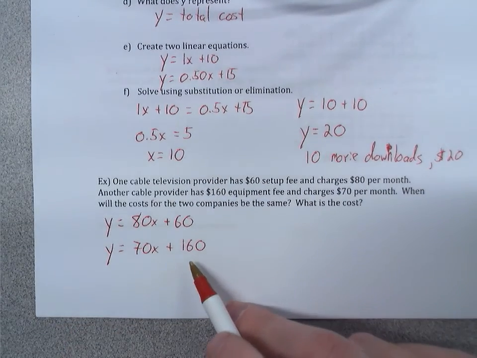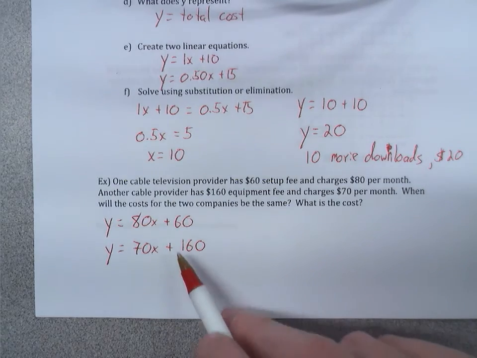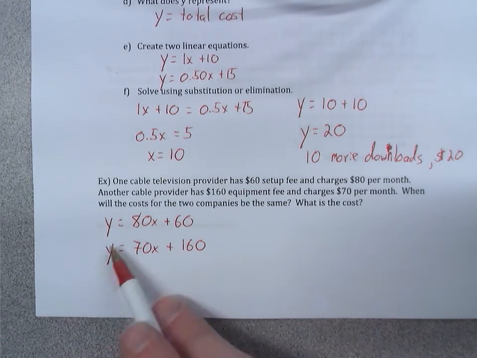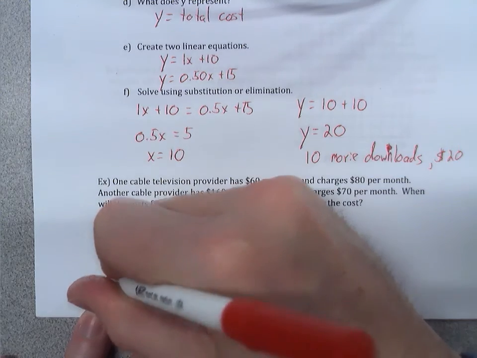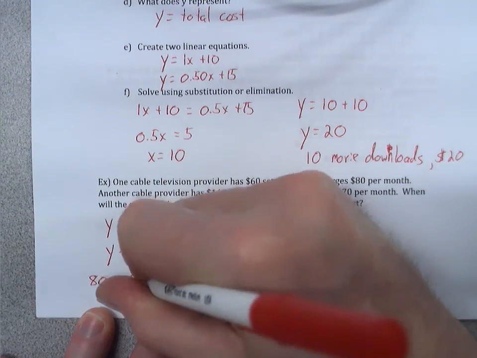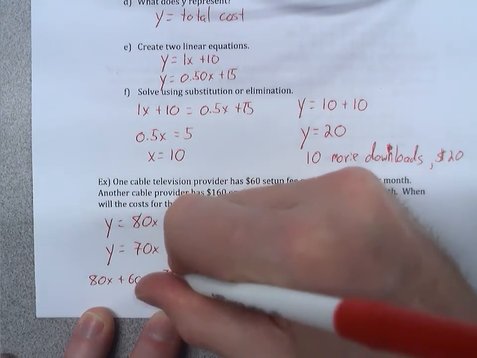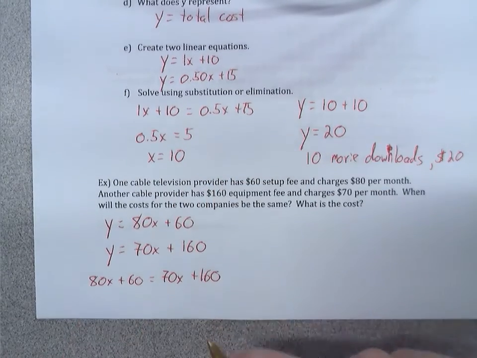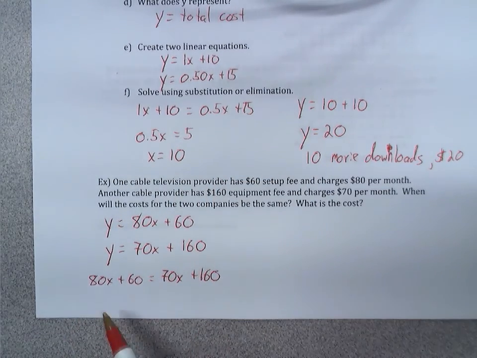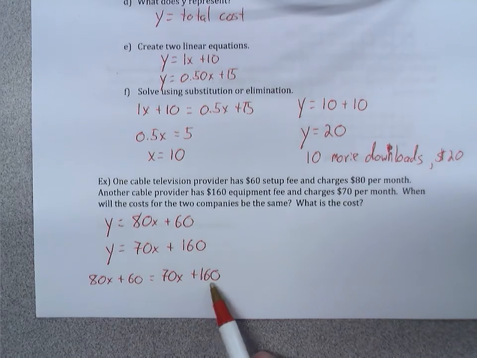And now once again, I can use the substitution method. I'm going to substitute this equation in for y. So I'll have 80x plus 60 is equal to 70x plus 160. I can subtract 60 from both sides.